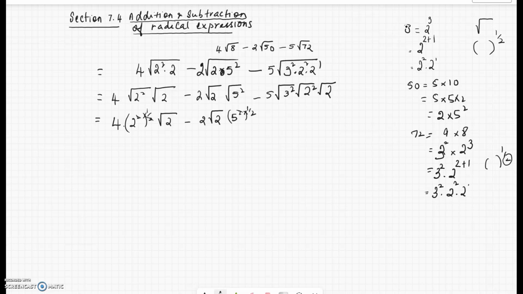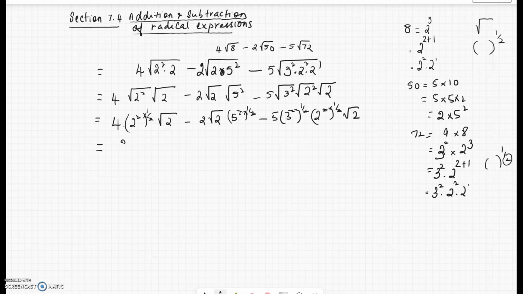So when you multiply these two, the 2 and the 2 cancel, minus 3 squared to the half. When you multiply these together, the 2 and the 2 cancel. I get 2 squared to the half. Multiply the 2 together, the 2 and the 2 cancel. And then, of course, the radical 2.